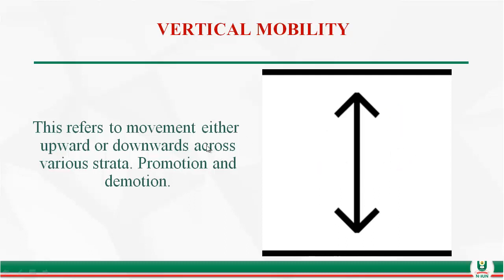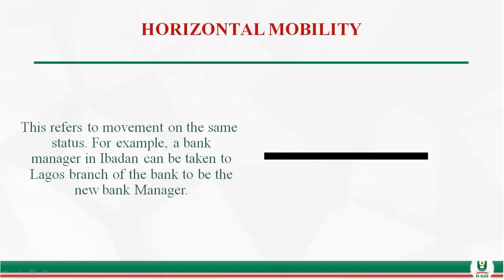All right, next one is horizontal mobility. You can see the horizontal line, it is flat. This is movement within the same level. You are not changing any level. This refers to movement on the same status. For example, a bank manager in Ibadan can be taken to Lagos to become the new bank manager.